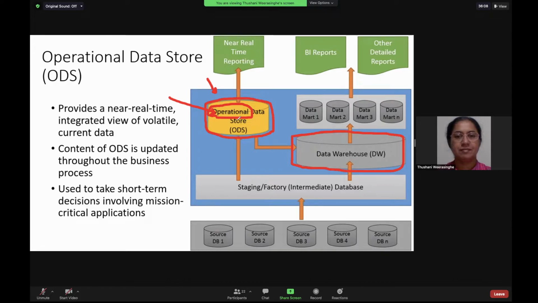Let's say there may be fraud detection, or we have to stop a transaction. Likewise, you have to take immediate decisions. These decisions involve mission critical applications because of that. All right, so that's about ODS.